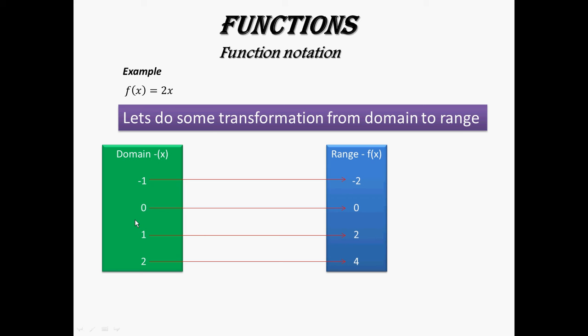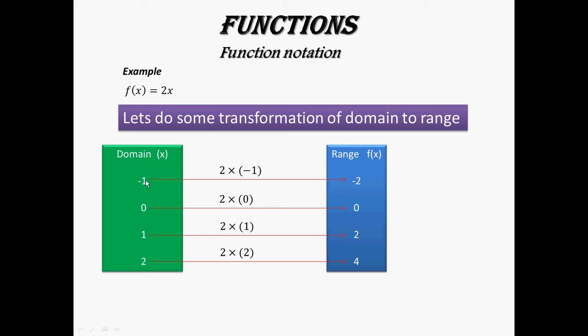Here I have got a green box which is carrying the inputs to the function, and every term is being mapped to corresponding outputs in the blue box. But how is it happening? The x in f of x is representing an input to the function. So to transform from domain to range of the function, we have to substitute an input value for x.